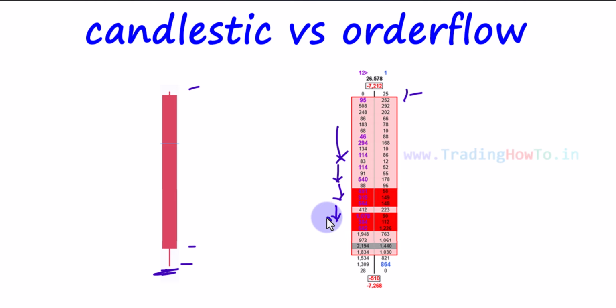Most of the trading activity has happened at the lower part of this candle, and despite the aggressive selling activity, price did not go lower. And also we can see some buying happening here. We can see market buying happening, and also a buying imbalance spotted at the low of this candle.